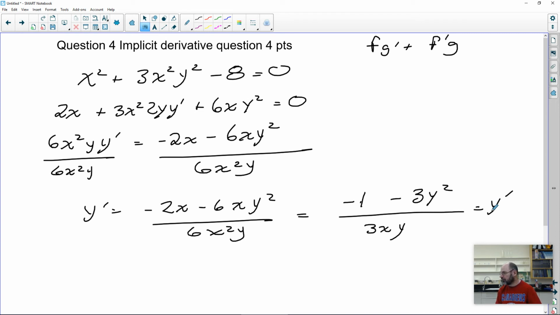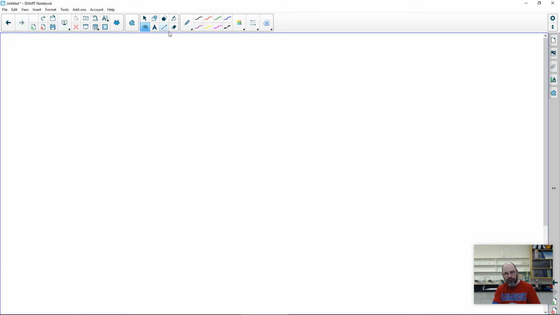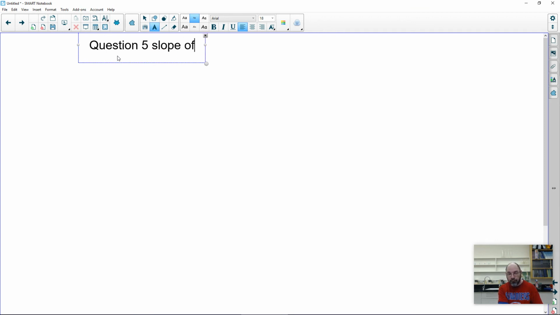So we'll have an implicit differentiation question. And our final question is a slope of a tangent line question, worth 4 as well. So question number 5, the slope of a tangent line.